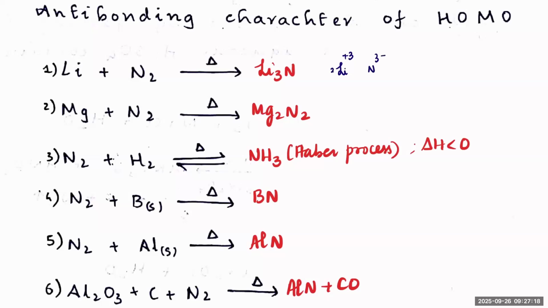So 3 moles of the plus ion here and then 3 minus, like this. Same goes with magnesium. In fact, if you take sodium and try to react with nitrogen to get a nitride like this, that's not possible directly. Sodium nitride would exist, but not directly as a reaction this way.